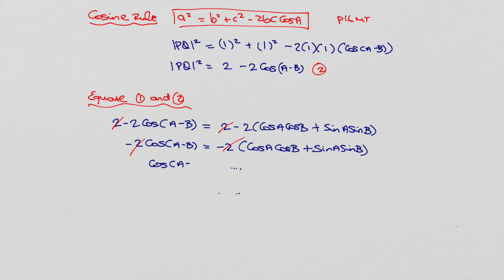Cos of A minus B is equal to cos A cos B plus sin A sin B. So we say QED.